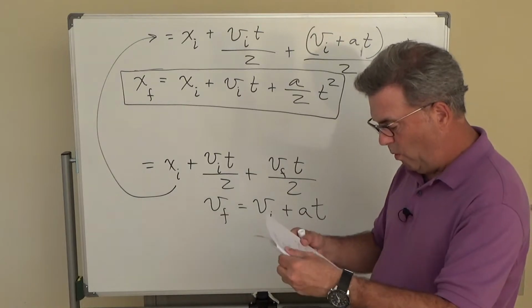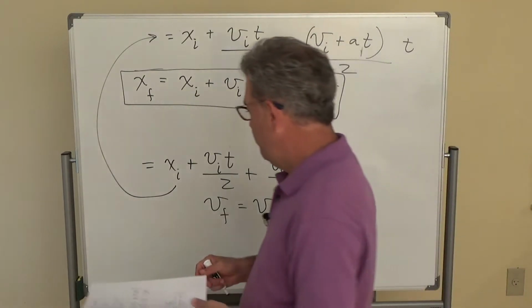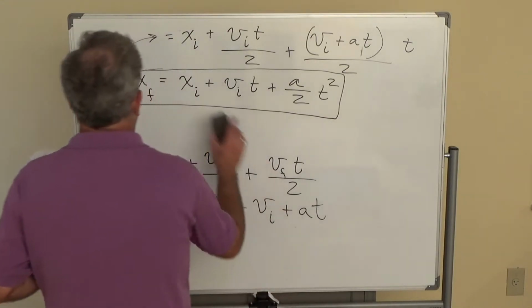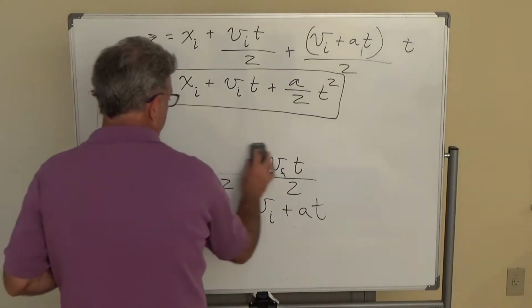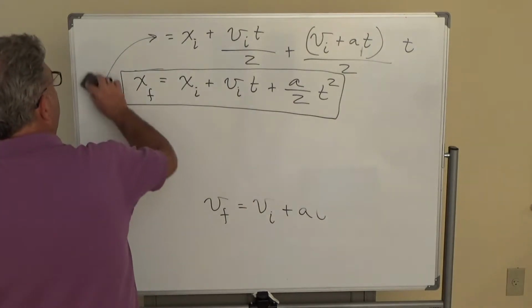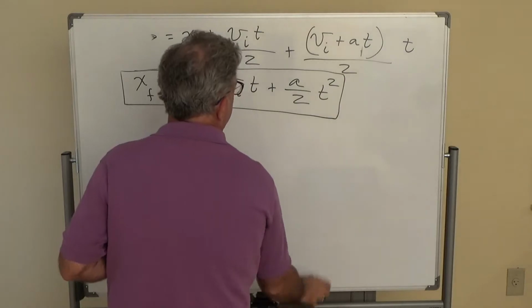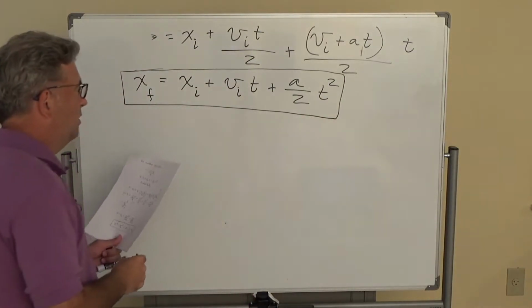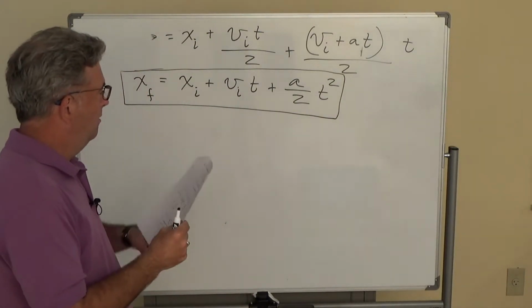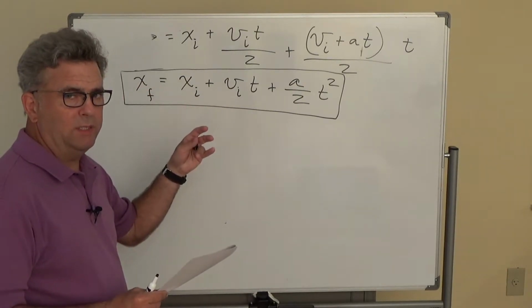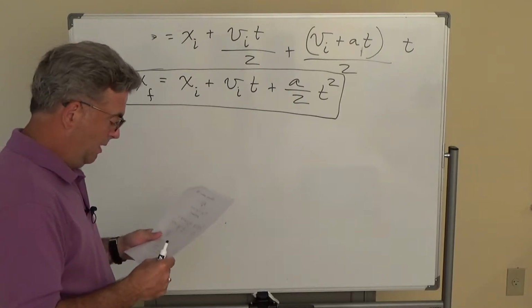We have one more equation. I'm not going to go through all the math, it's really just algebra. I'm not going to go through all the algebra on the next equation. What you can do is you can make a substitution for the time in this equation and get rid of time and put this in terms of velocity, displacement, and acceleration.